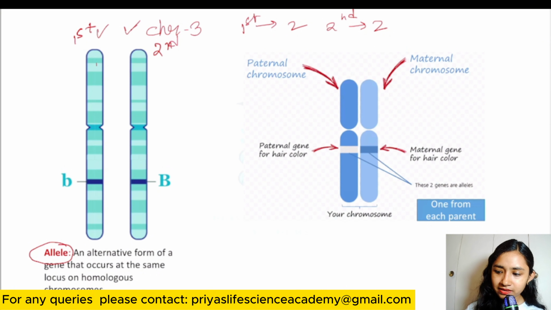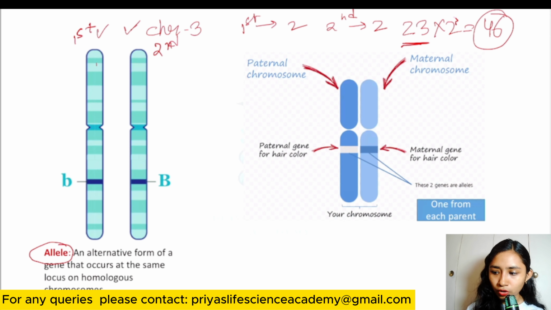So like this, 23 into 2, 46. We have a total of 46 chromosomes because each chromosome contains 2 copies. Likewise, for example, this is chromosome 3, and chromosome 3 has 2 copies, so these are known as homologous chromosomes. Homologous, we will come to this point later. Homo means same, so for chromosome 3 there are 2 copies.